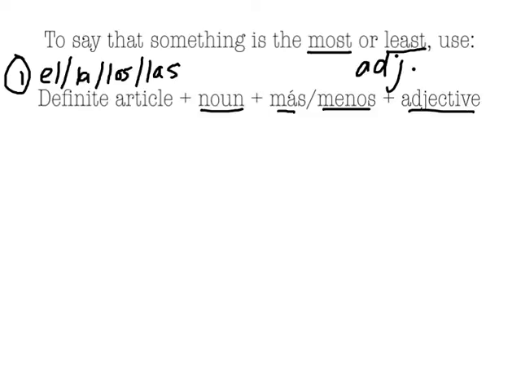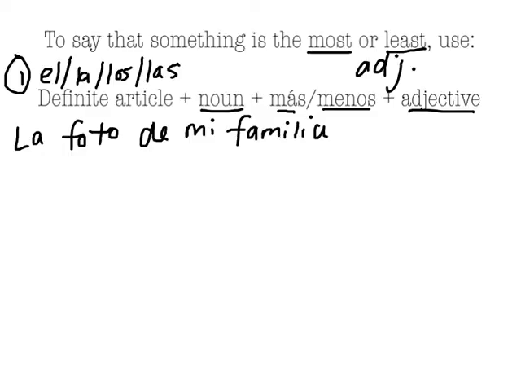So, for example, we might say, la foto de mi familia, the picture of my family, is. And then we're going to need to say, the most important possession for me. So, the noun is posesión.